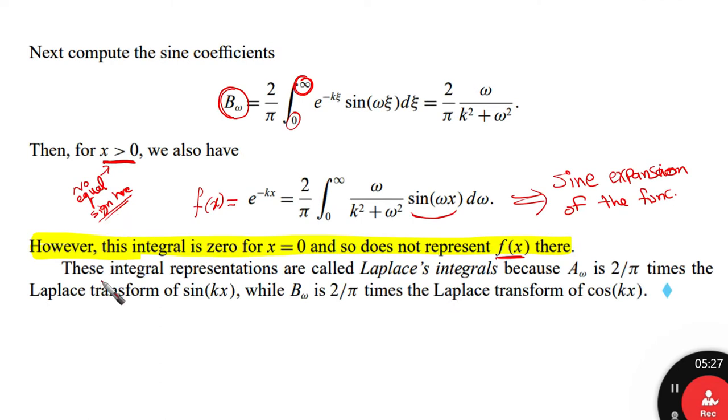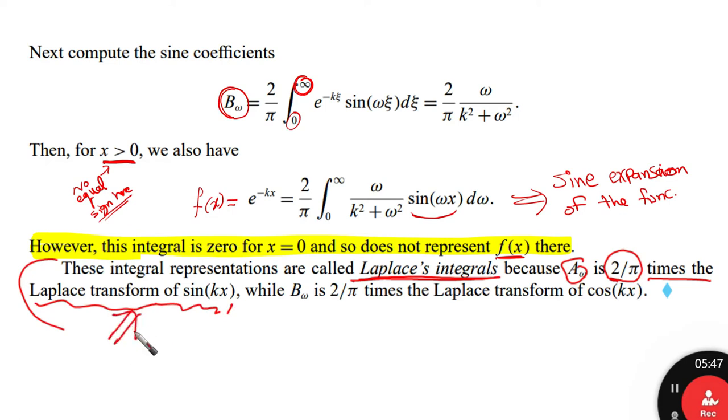The meaning of calling these Laplace integrals is that these integral representations are called Laplace integrals because A omega is 2 over pi times the Laplace transform of cosine kx, while B omega is 2 over pi times the Laplace transform of sine kx.